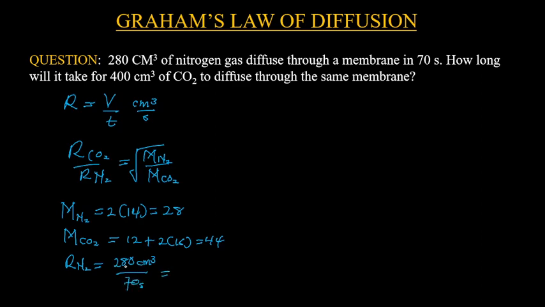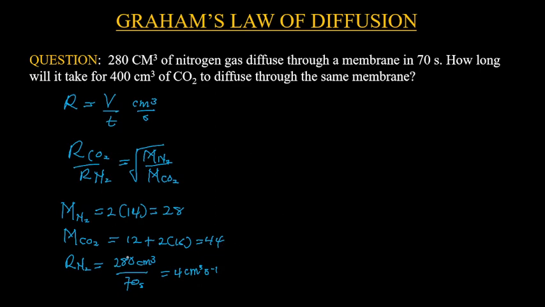When we punch that, we have 4 cm cube per second. That means we have 4 cm cube of nitrogen gas coming out every second.